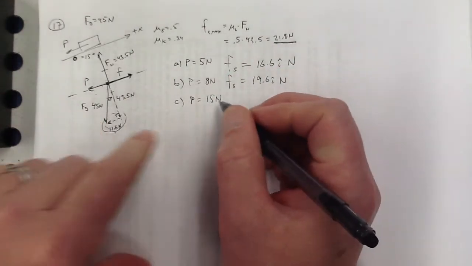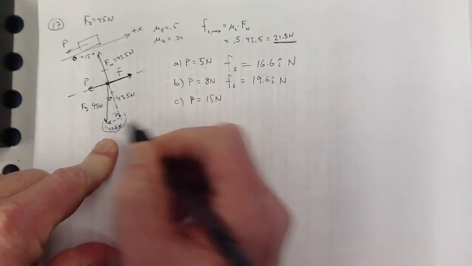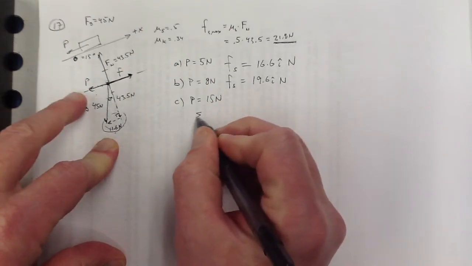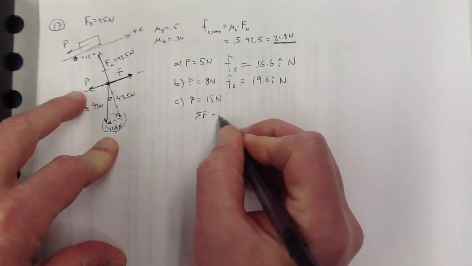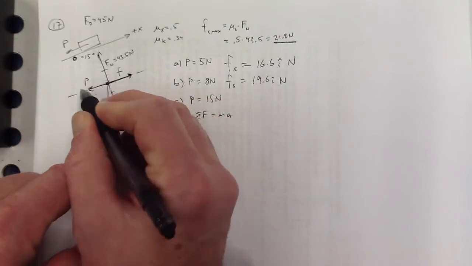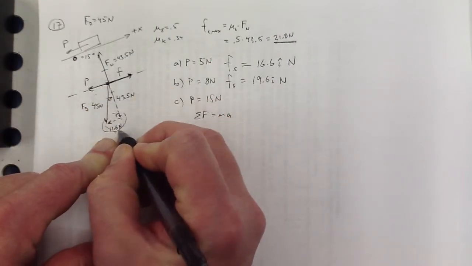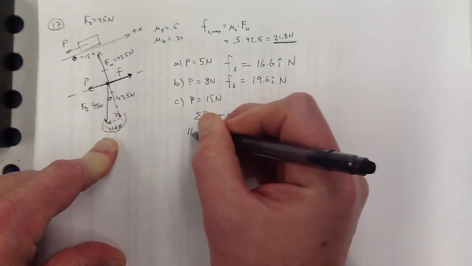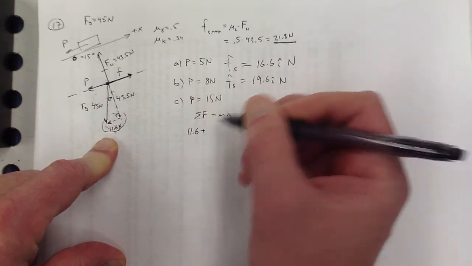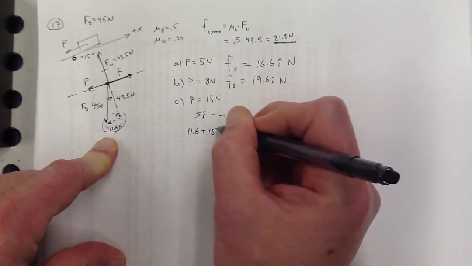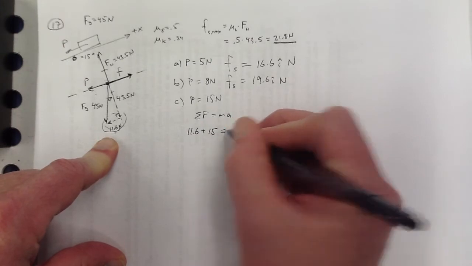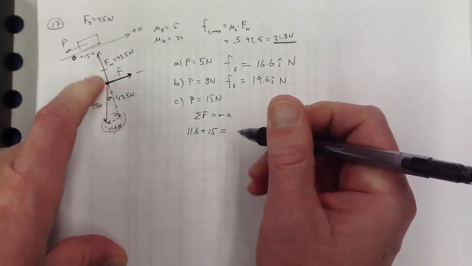If that's 15 newtons, then the down the ramp direction is going to be this 11.6 plus 15, and that's going to equal the mass of the block times the acceleration.